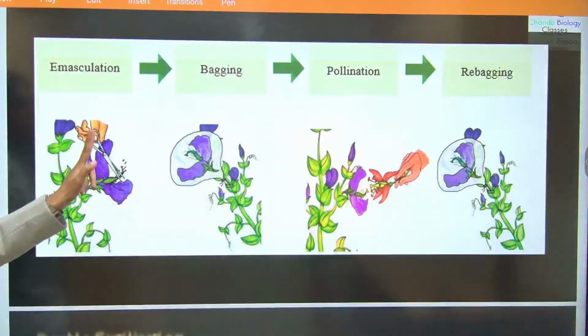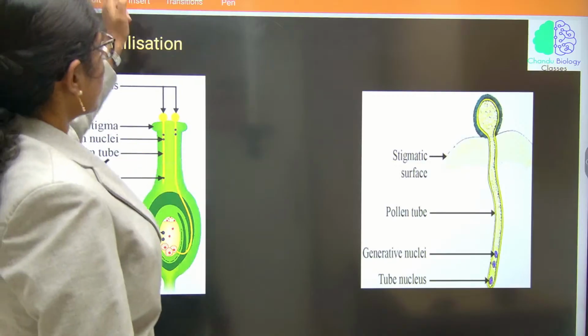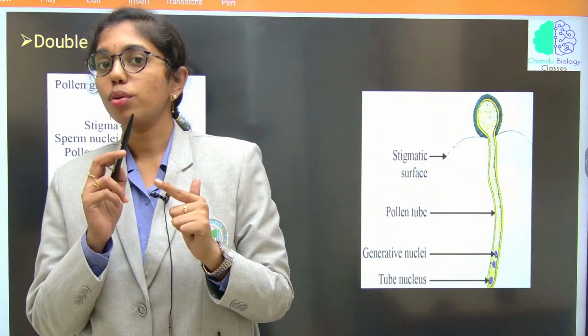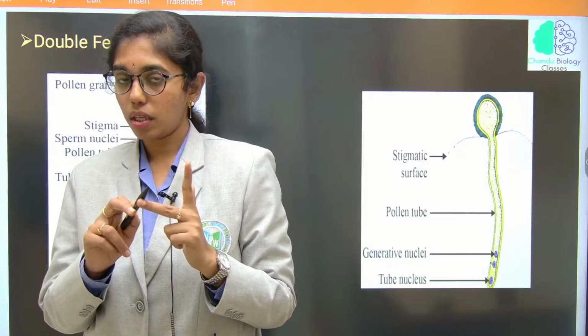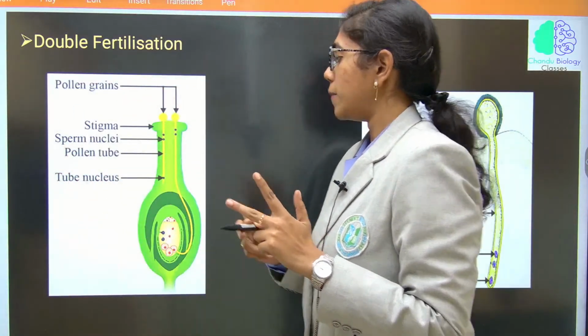This is artificial fertilization. Now we will learn the concept of double fertilization. How does double fertilization happen? We have learnt about pollen tube entry. It can be through the micropylar end, through the chalazal end, or through the integuments. It can be porogamy, chalazogamy or mesogamy.